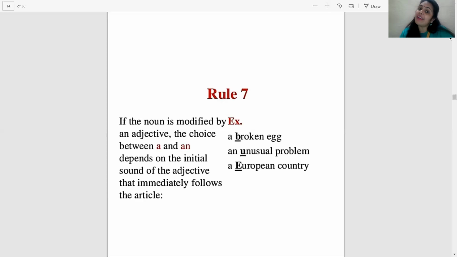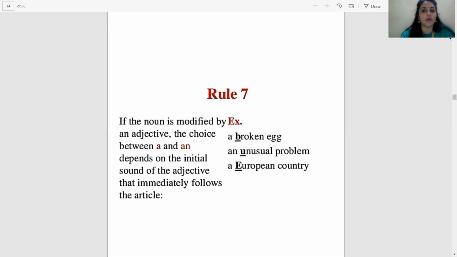But as you have added broken as an adjective, because broken is describing how that egg is, it is broken. Broken begins with B, which gives the sound of a consonant, so we have used the article a here, not an.